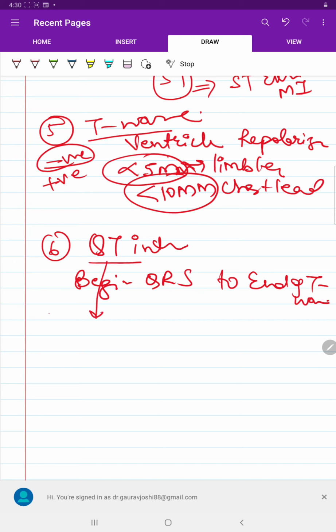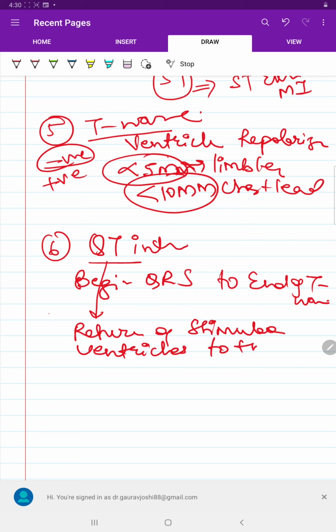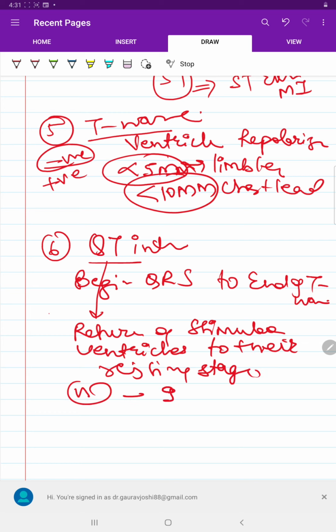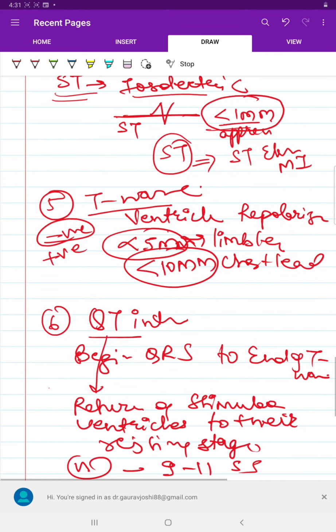It represents the return of stimulated ventricles to their resting stage. The normal duration is 9 to 11 small squares. Okay, so we have discussed the normal durations of many things.